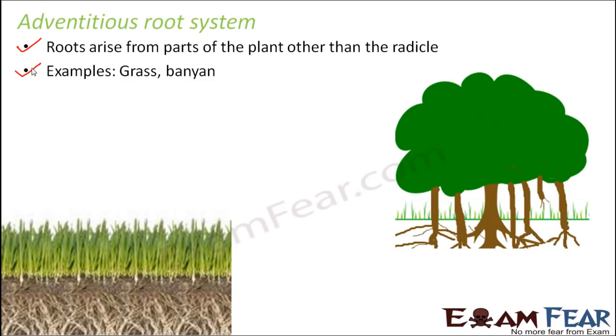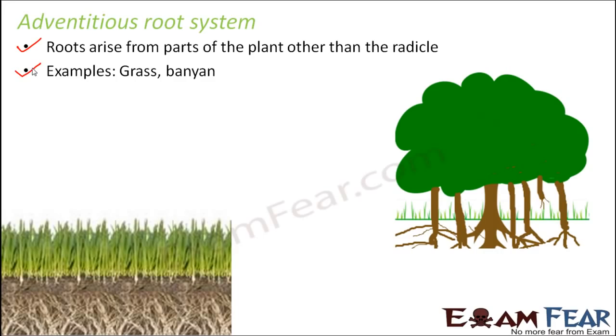So broadly, what are the different types of root we talked about? First is primary root system, where the roots develop from the radicle. Second is adventitious root system, where the roots do not develop from the radicle. In primary root system, we again have two types: the taproot system, where one single primary root develops from the radicle, and from that primary root we have branches.